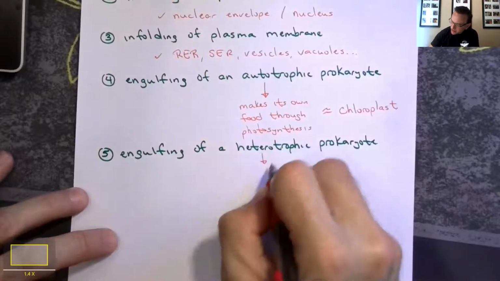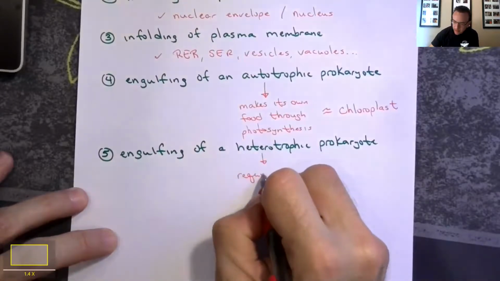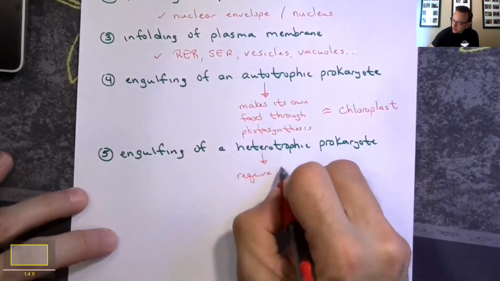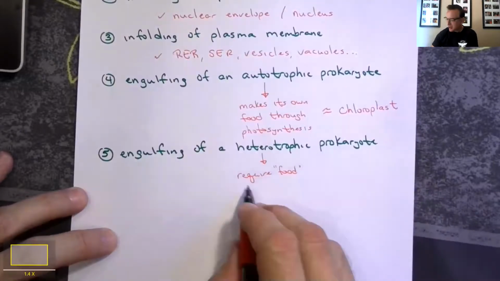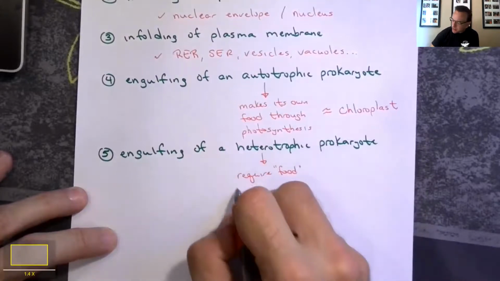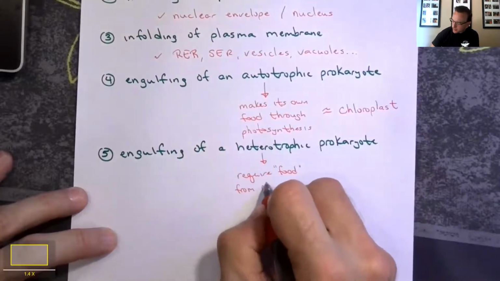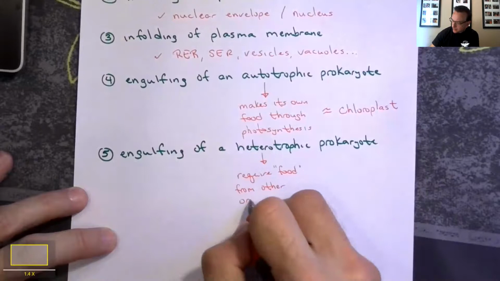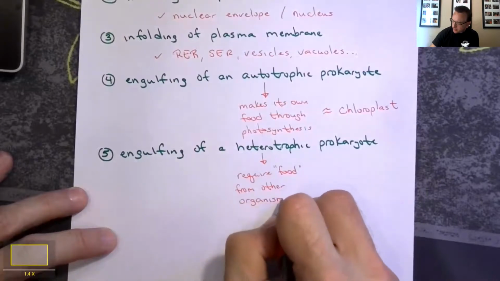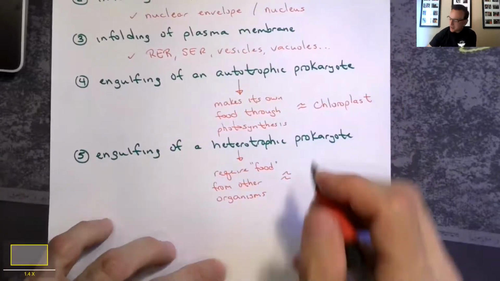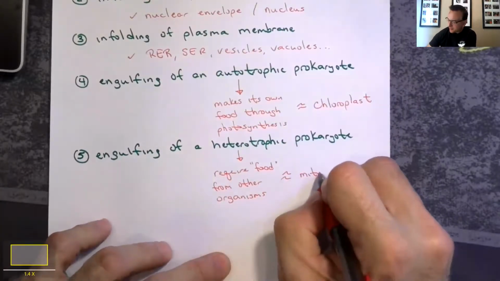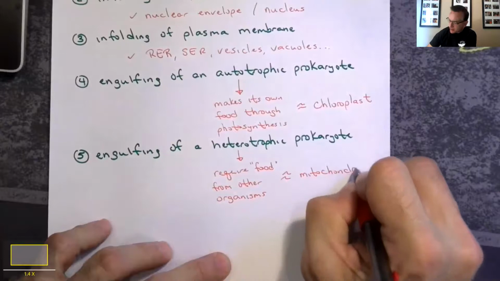So these organisms require what we will call food, macromolecules. Require food from other organisms. Which organelle are we talking about here? The mitochondria. This is where the mitochondrion came from.